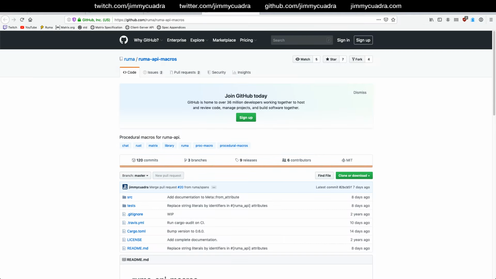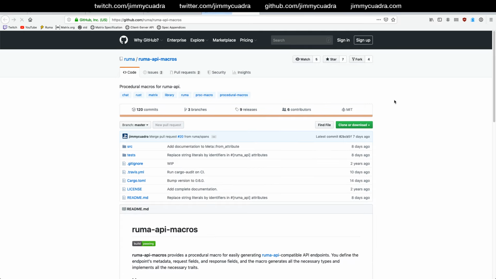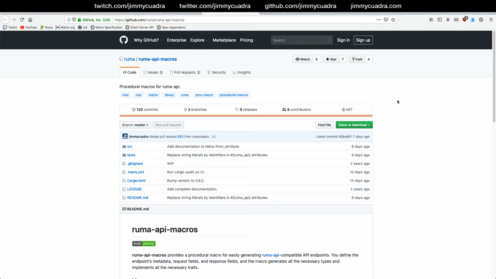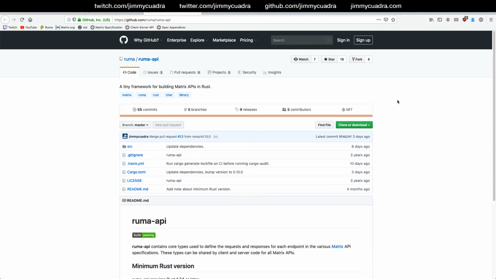We're merging these two libraries into one repository using cargo workspaces. And yeah, that's the premise of what we're doing.